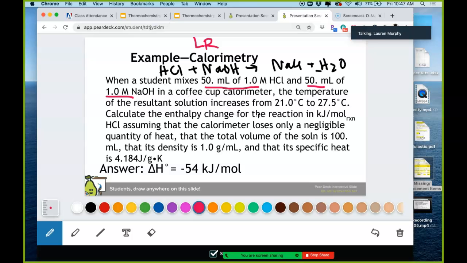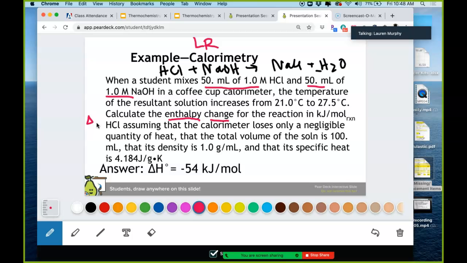So look, they're using a coffee cup calorimeter because styrofoam cups are great insulators, and the reaction causes an increase in temperature, meaning it gets hot, meaning this is an exothermic reaction, okay? All neutralization reactions are exothermic. They produce heat, okay? And so you go, okay, calculate the enthalpy change. Enthalpy means H, change means delta.